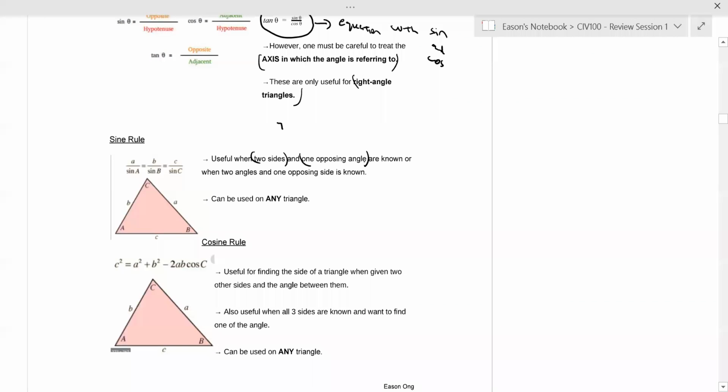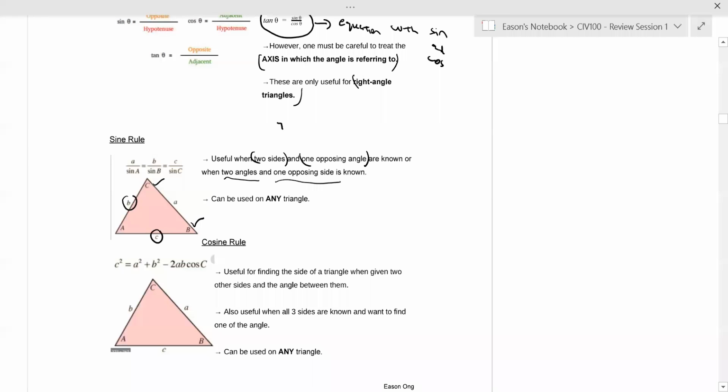Which means that, for example, if I have small b and small c, and either big C or big B, then I'll be able to find the other one. For example, if I have small a, small c, and I want to find big C, then I'll be able to do so, okay? So it's very useful if I have two sides and one opposing angle, or the other way around, when I have two angles and one opposing side.